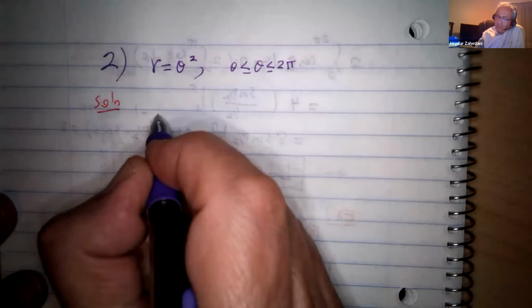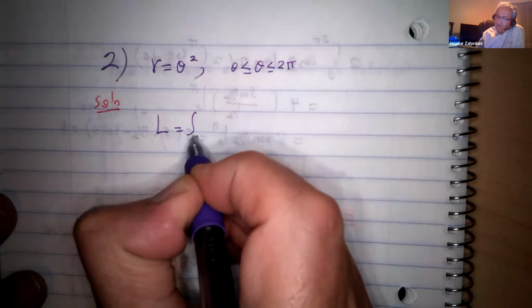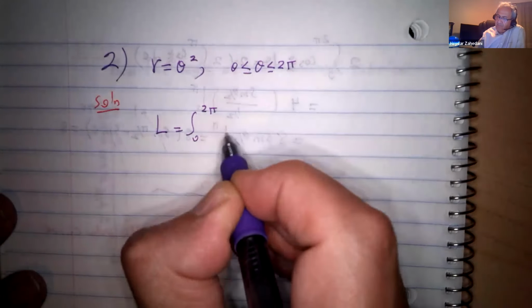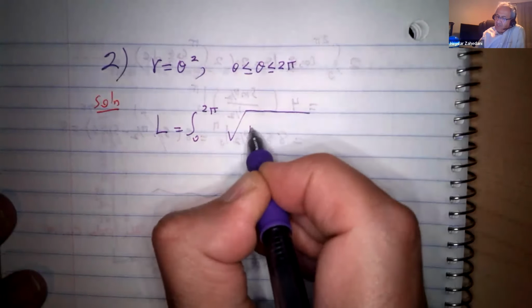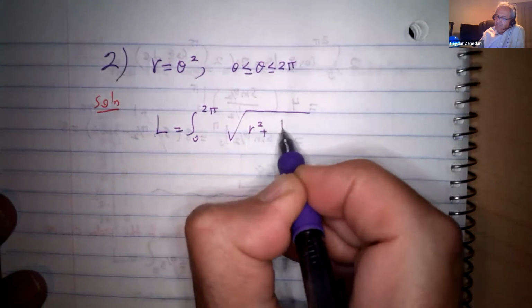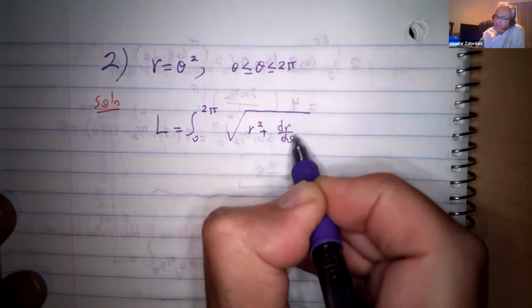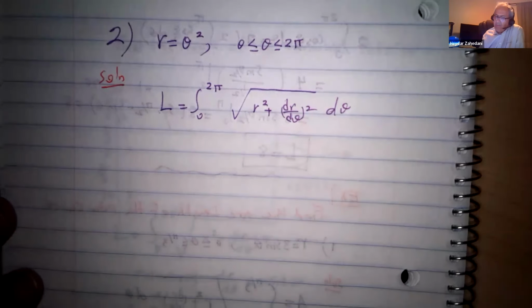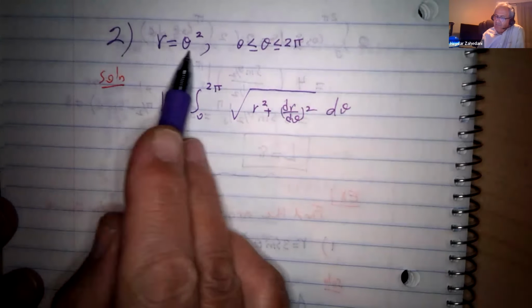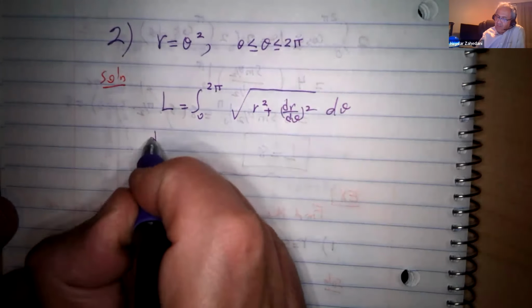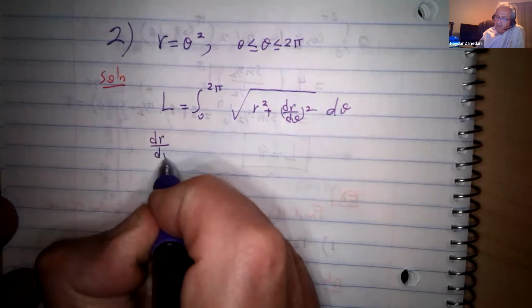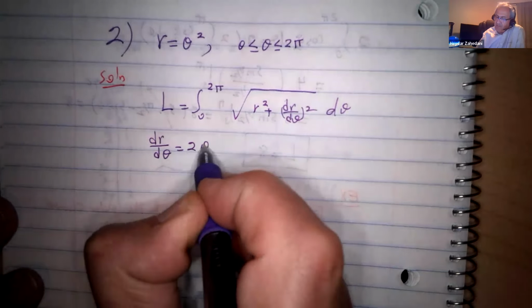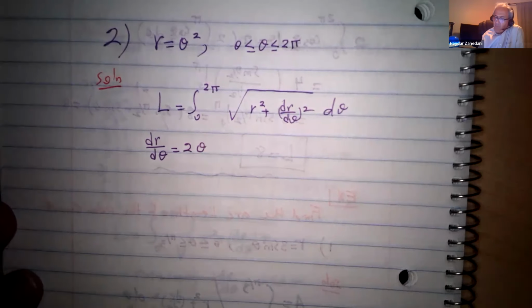Again, the formula is arc length from 0 to 2 pi, the square root of r squared plus dr d theta all squared, d theta. So that's r differentiated. Dr d theta is simply going to be 2 theta, because r is theta squared.